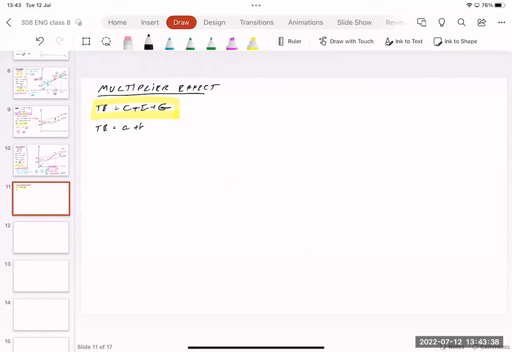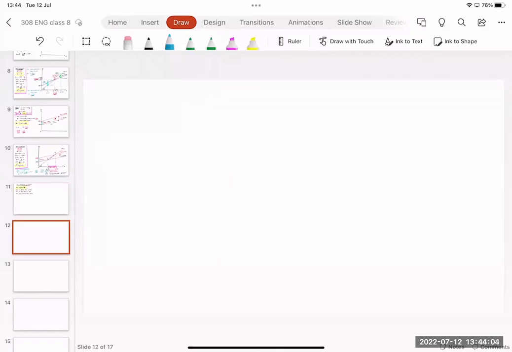C equal to A plus B times YD, and YD is Y minus T. Plus I and plus G. Rearranging the equation: A plus BY minus BT plus I plus G. Rearranging again: TE equal to A minus BT plus I plus G plus BY. Done. This is what I want.